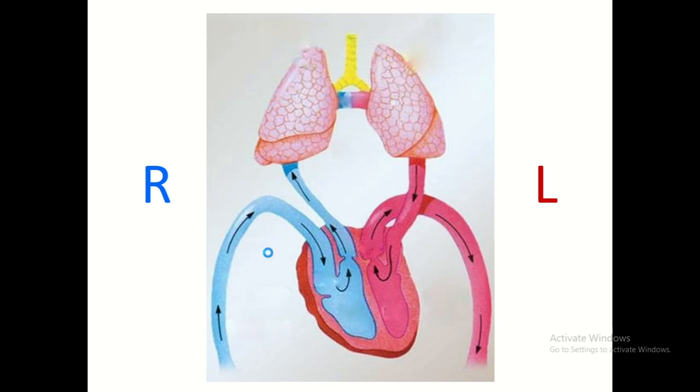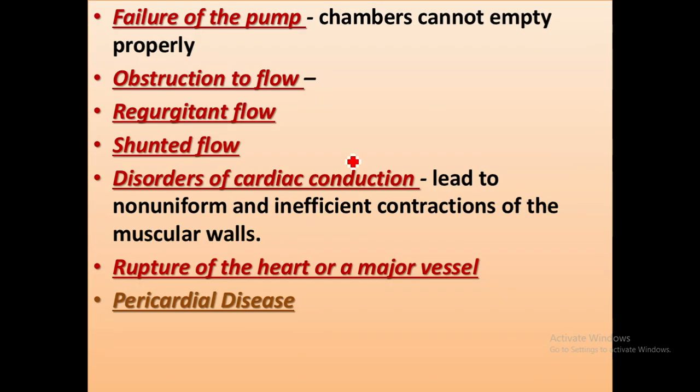So depending on this, heart diseases fall into one of these categories. Number one, failure of the pump, meaning either inability to dilate properly or contract properly. For example, if there is myocardial infarction, if some part of the ventricle wall undergoes infarction, it will not be able to contract properly.